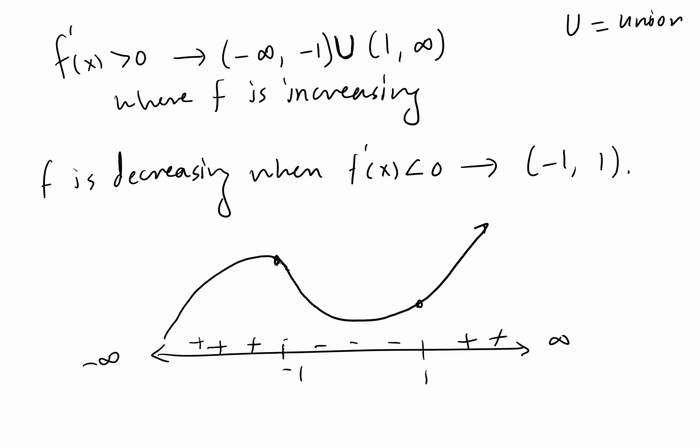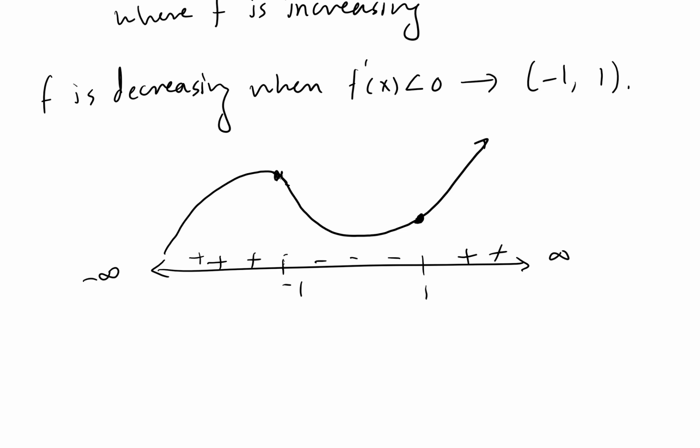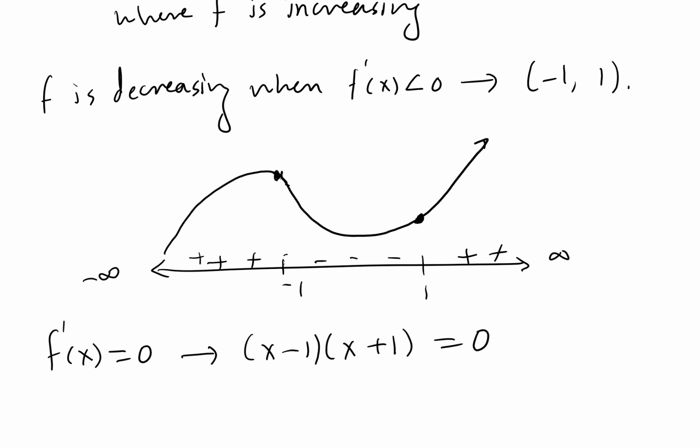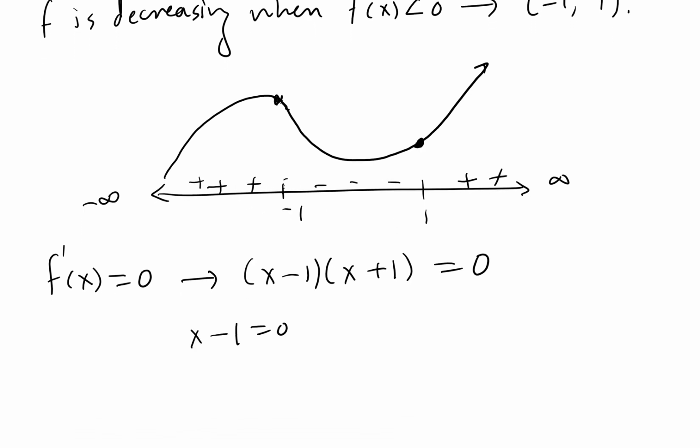Now what happens at these two points? When I set the derivative f prime of x equals 0, that means x minus 1 and x plus 1 are equal to 0. To solve this kind of equation, we set x minus 1 is 0 or x plus 1 is 0. So x equals 1 or x equals -1.